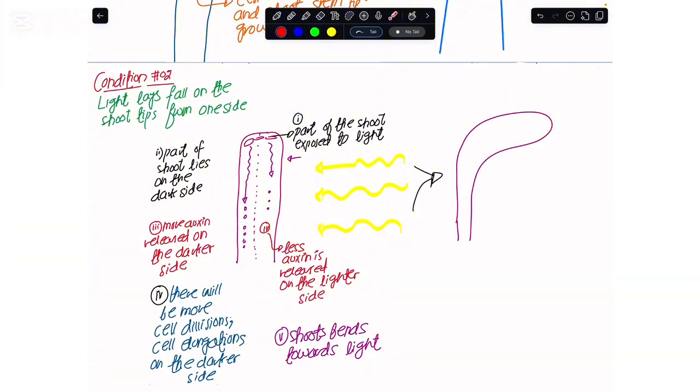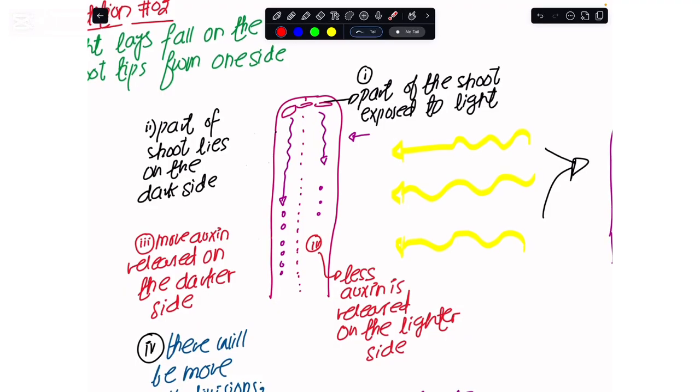Here is the shoot, and I am dividing it into two equal parts with the help of this imaginary line, which splits the shoot tip into two equal halves.